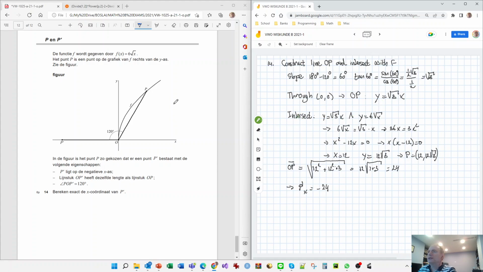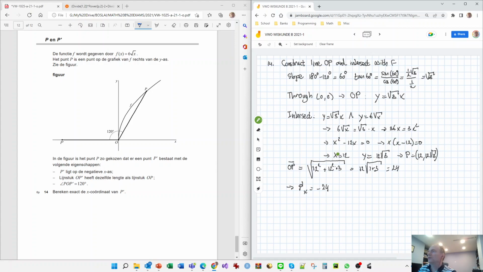Now we intersect it with the function, so you get two equations, two unknowns. We just eliminate y, we put them equal, and we have a square root of x here, so we just square both sides, and you get two solutions, x equal to 0 or x equal to 12.